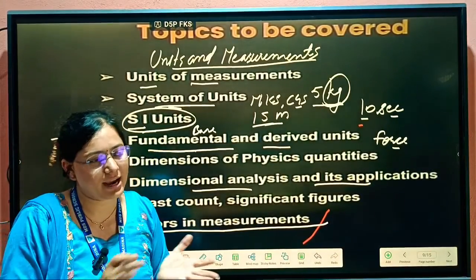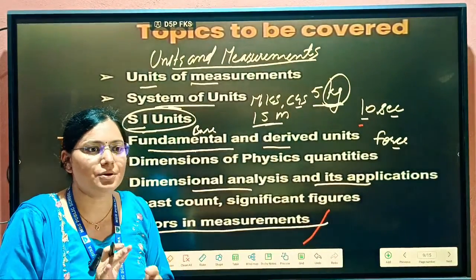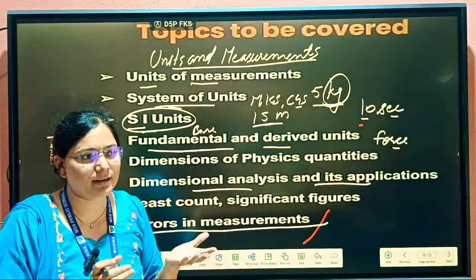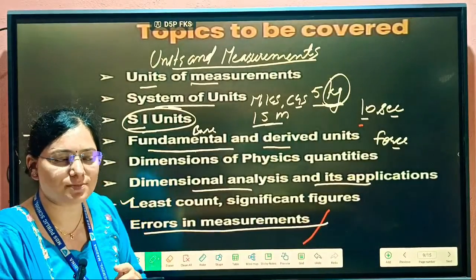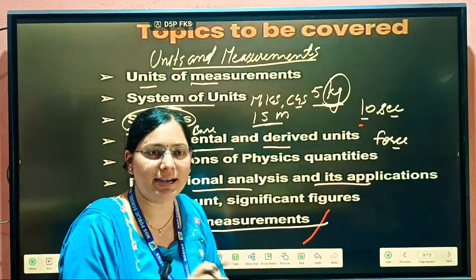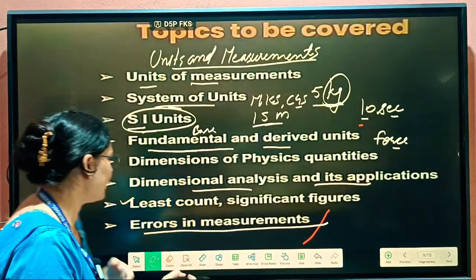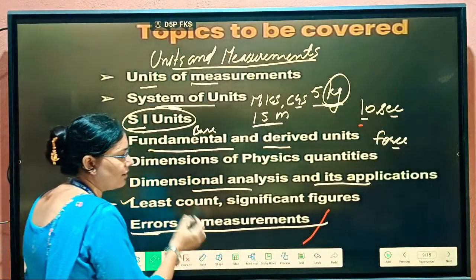That error can be due to instrument, can be due to your carelessness. Yes or no? Okay, during the experiment, for electricity, this one experiment we are doing, then maybe due to the heating effect there is some error in the reading of the instrument. Okay, there are different ways of error coming in our measurement.